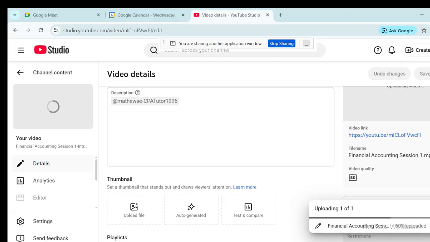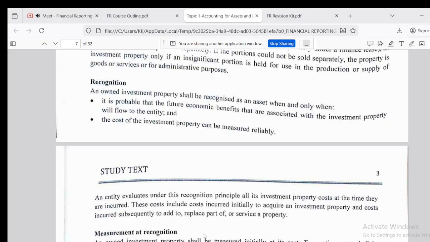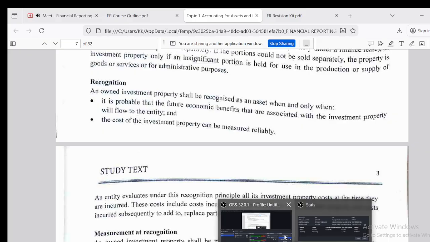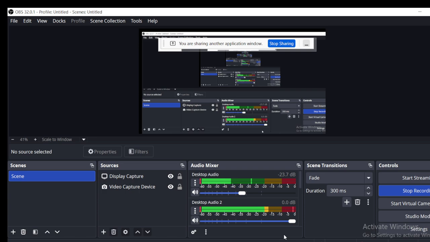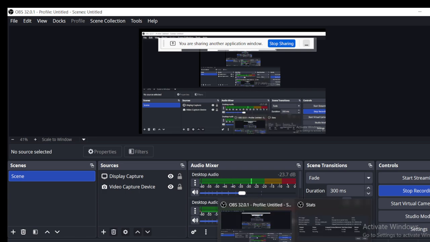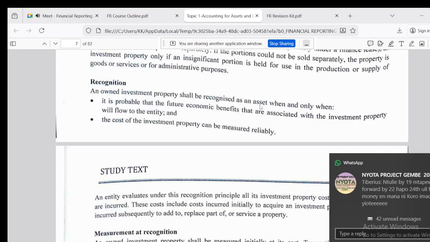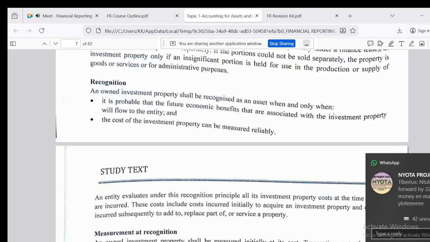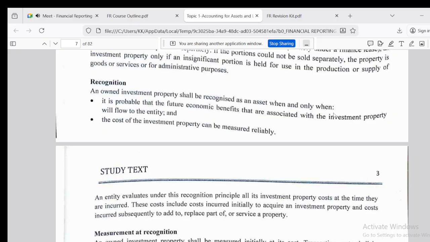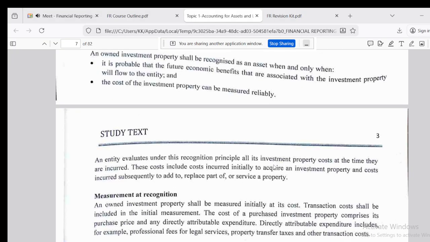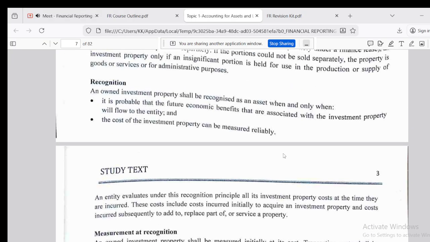So we want to know when is an investment property recognized as an asset? There are just 2 points, so we just write those 2 points.